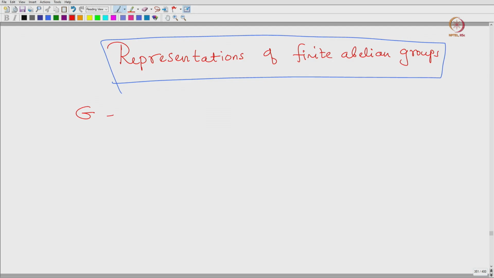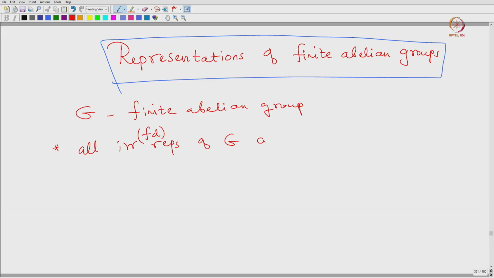We fix G to be a finite abelian group. Then we immediately have that all irreducible finite dimensional representations of G are one dimensional.